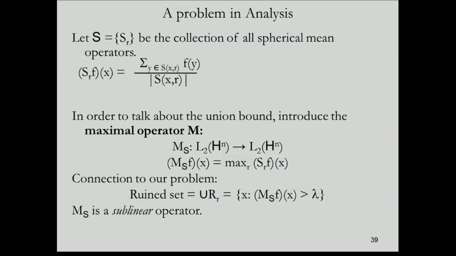So if we wanted to find the cardinality of the ruined set, this union of ruined points at radius r, this is just the points x such that the maximal operator of f at x is bigger than lambda. That would mean there exists a sphere, there might be many, that the average of the value of the function on the points of the sphere is bigger than lambda.